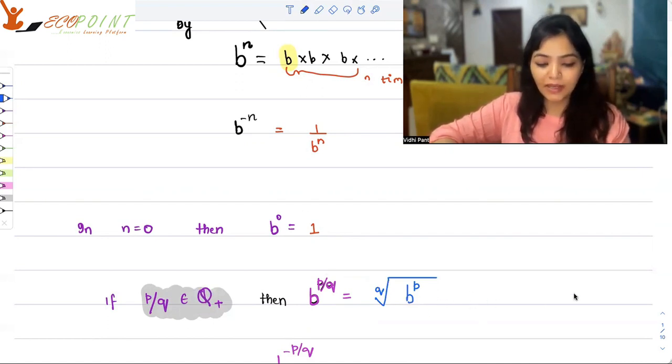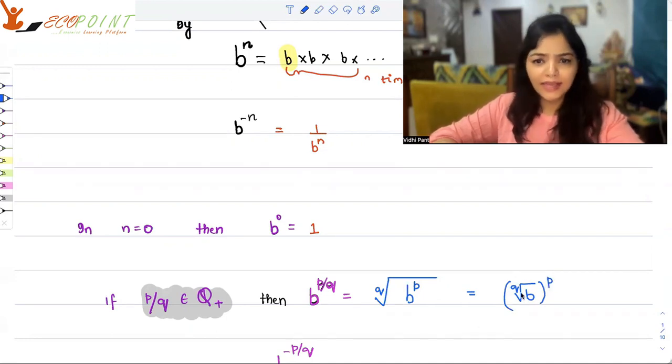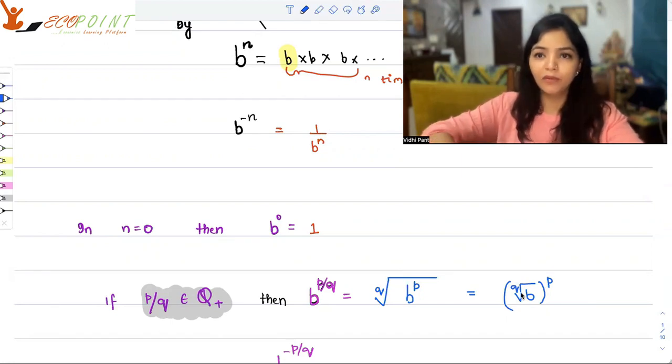Now, this is same as saying that you are taking the qth root of b, and then you take the power p. In any way you do it, you're basically looking at b to the power p by q.